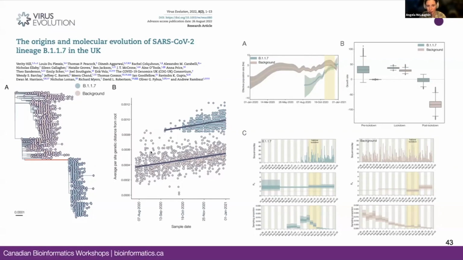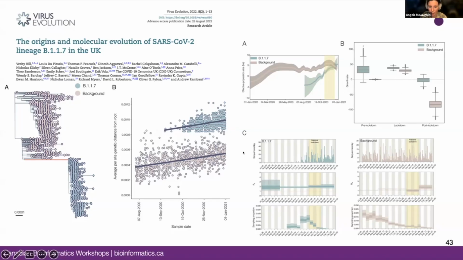likely chronically infected patient. So they used this to estimate the effect of population size through time, as well as the growth rate pre-lockdown, lockdown, and post-lockdown of those two different groups, where they found that the B117 lineage had a higher growth rate than the background lineages at all of those different times.